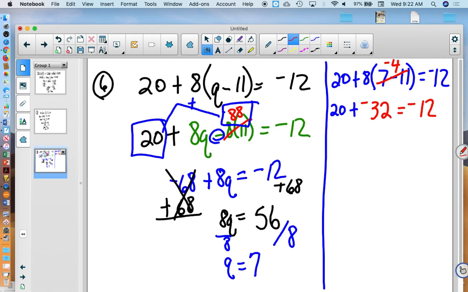What's 20 plus negative 32? Negative 12 equals negative 12. Does it check? Yes. To check it, all you do is take what you get for the variable, plug it into the original, substitute it in, solve the problem, and make sure that both sides are equal.